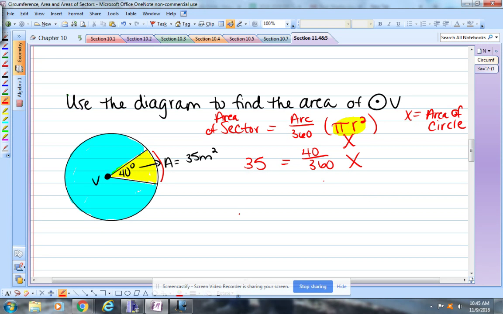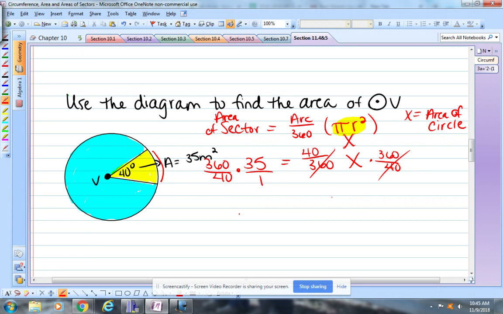How do I get rid of a fraction times a variable, Algebra 1? Multiply by the, starts with the r, reciprocal. So the reciprocal of 40 over 360 is 360 over 40. So I'm going to multiply by 360 over 40 on both sides.